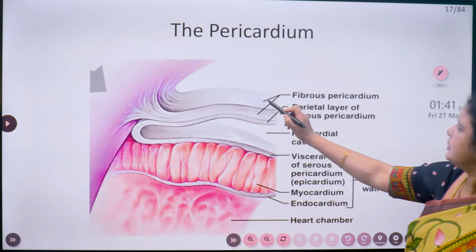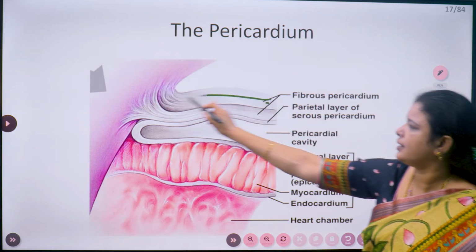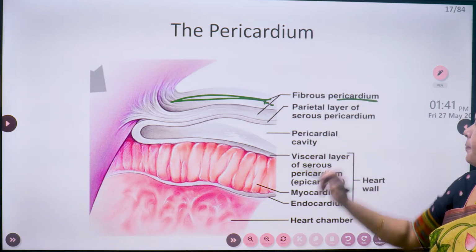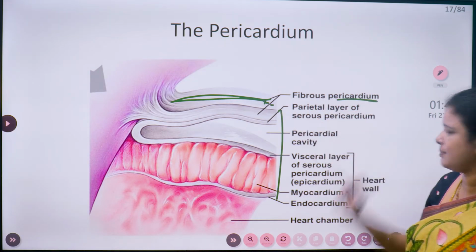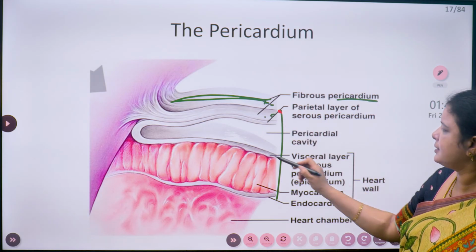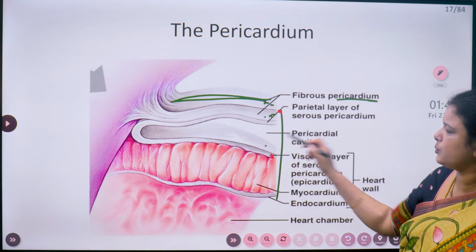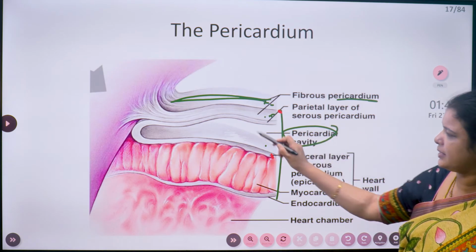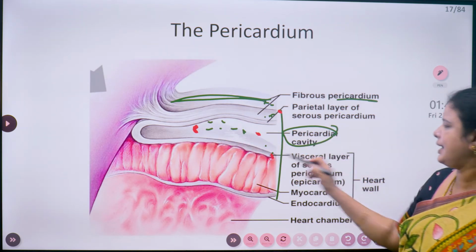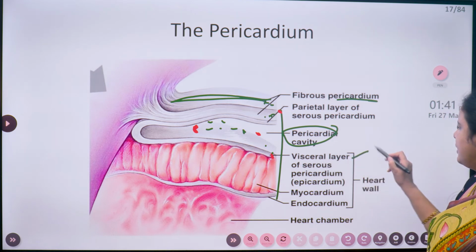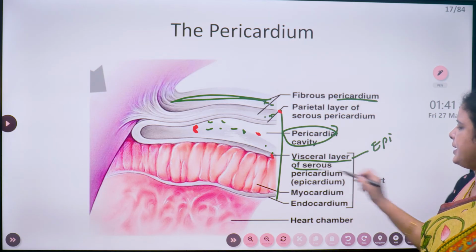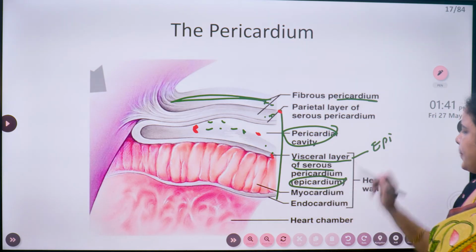You can see this is the fibrous layer, the superficial fibrous pericardium, and the deep serous membrane, in which this is parietal and this is visceral. In between these two layers is the pericardial cavity, which contains pericardial fluid. The visceral layer of the serous pericardium is called the epicardium.